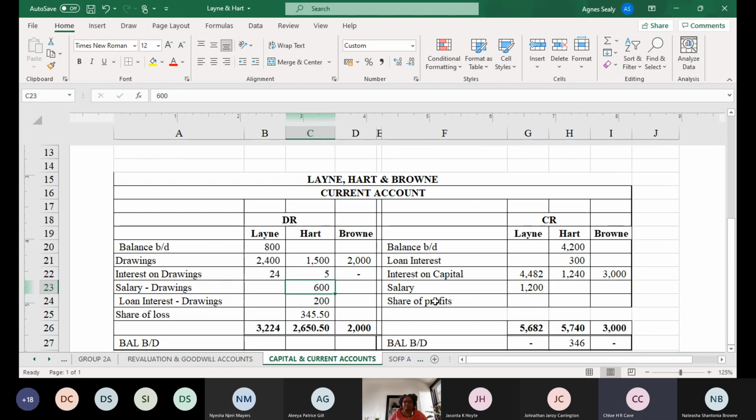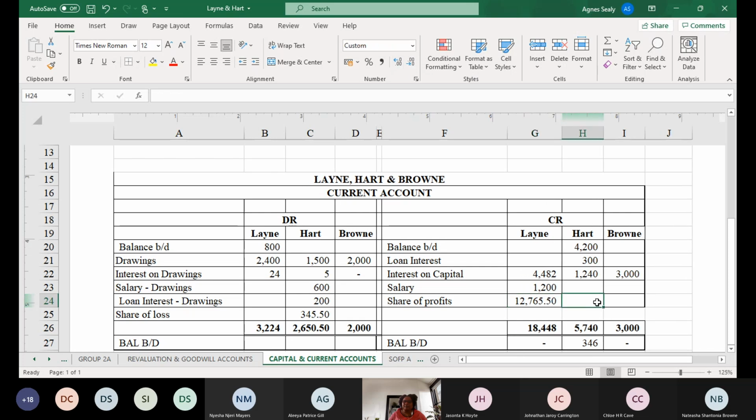Right? And then the share of profit, $12,765.50. And then for Hart sharing a loss, right? And Brown is $16,000.